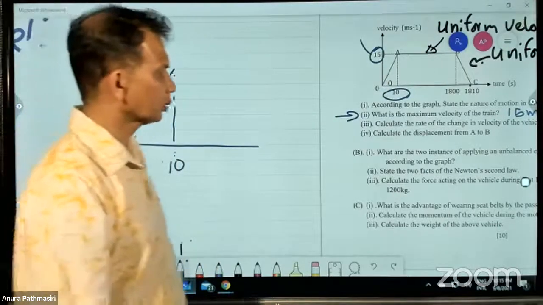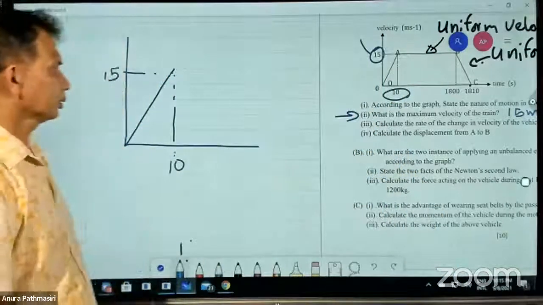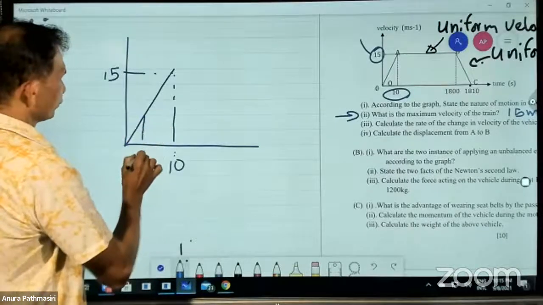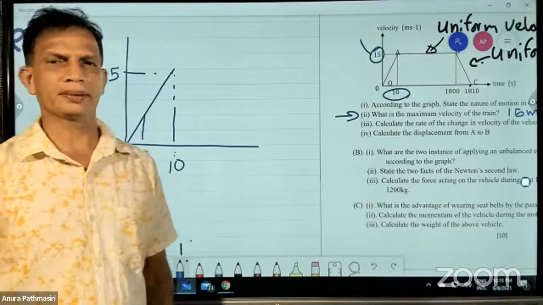The rate of change in velocity within 3 seconds. The question asks within 3 seconds.